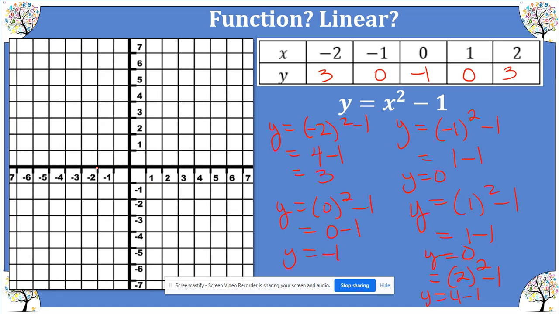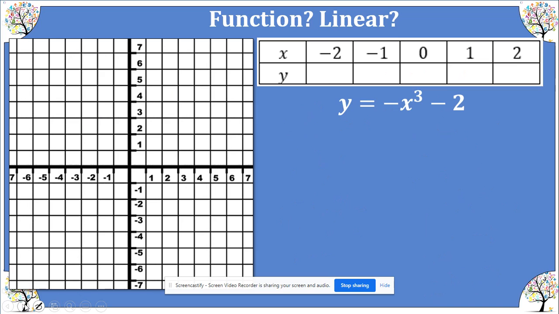We have negative 2, 3. We have negative 1, 0. We have 0, negative 1. We have 1, 0. And we have 2, 3. And we can see this makes a parabola. Parabolas are U-shaped, and they have an exponent of 2 on the x. So this is non-linear, but it is a function.